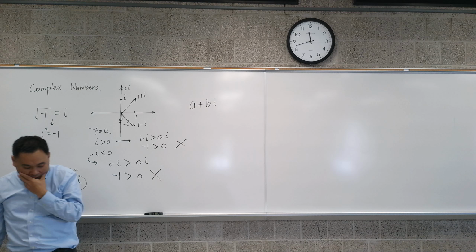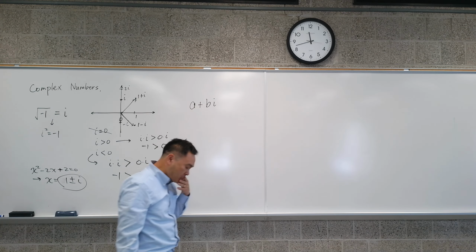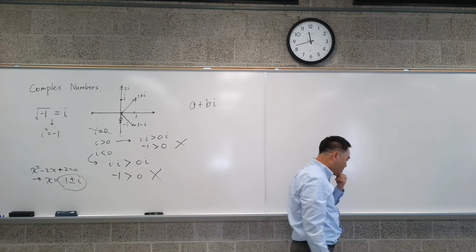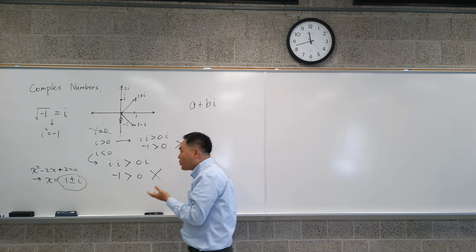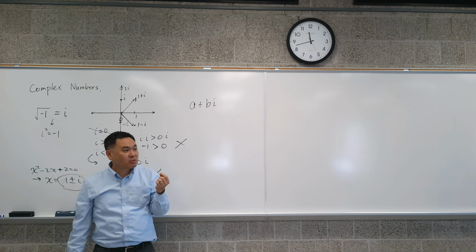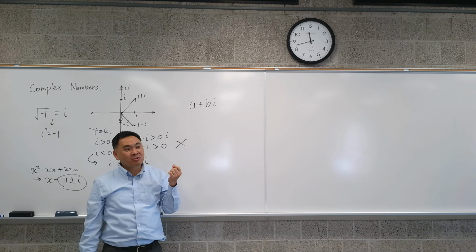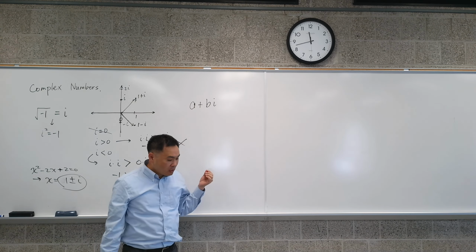And the answer is that complex numbers can be thought of as a way to denote some other quantities.